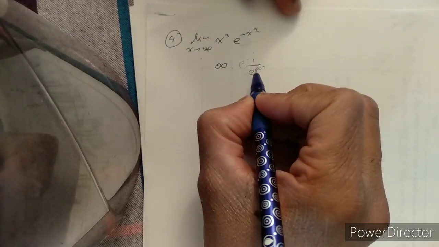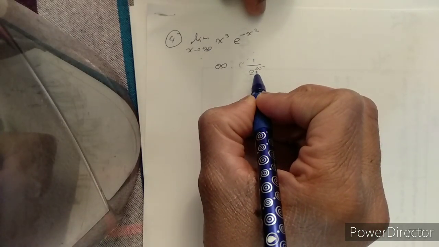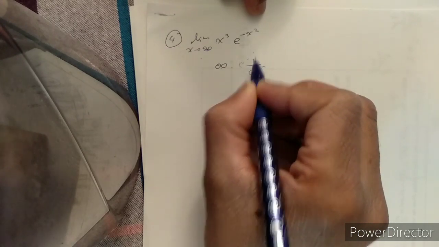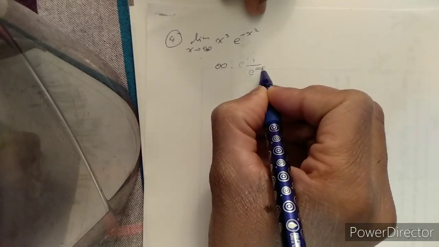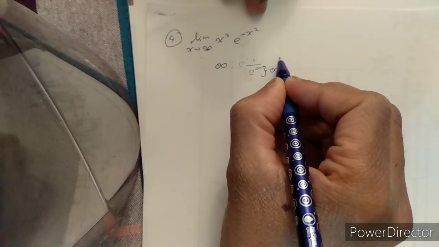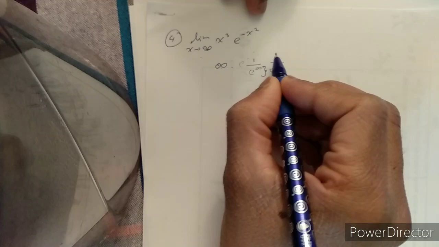So this 1 over e to the power infinity will be again a very large number. So basically what we have is 1 over infinity.